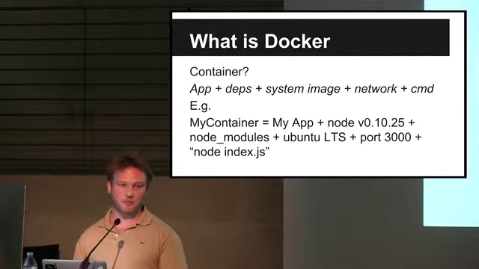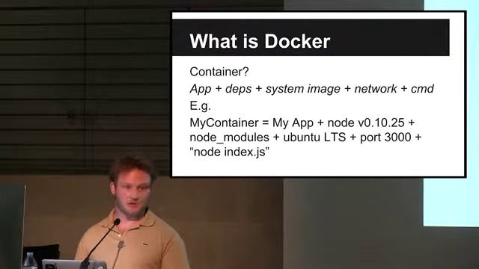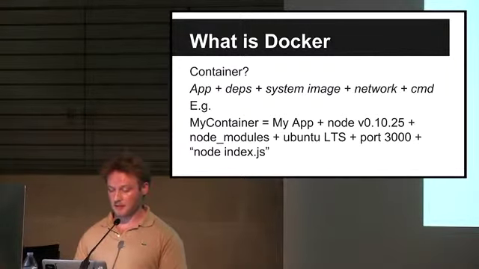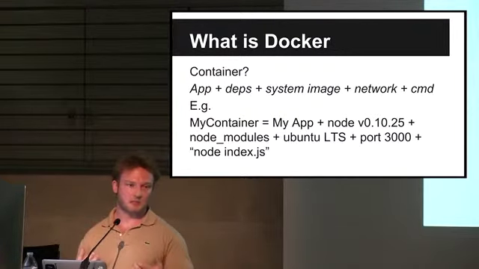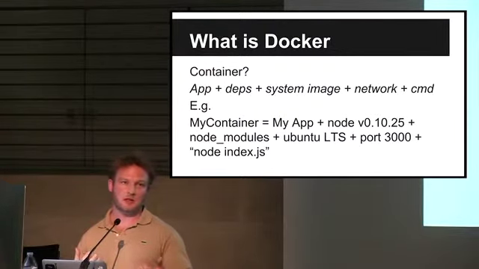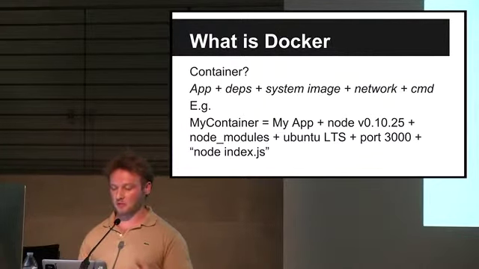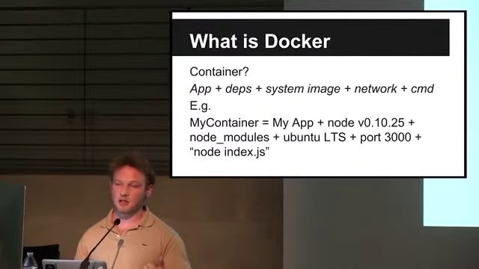For example, that might be Redis, or MongoDB, or MySQL, or whatever else you need, including Node modules, Node itself, anything else. Plus network. Network typically means the exposure of a single port, but could be more complicated, plus a command that is actually running the container.